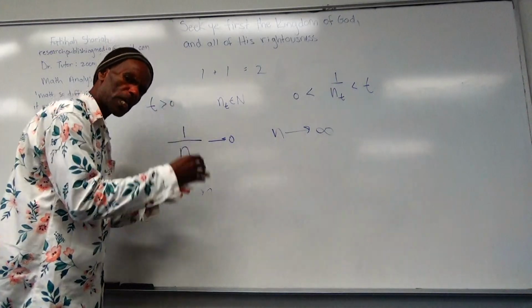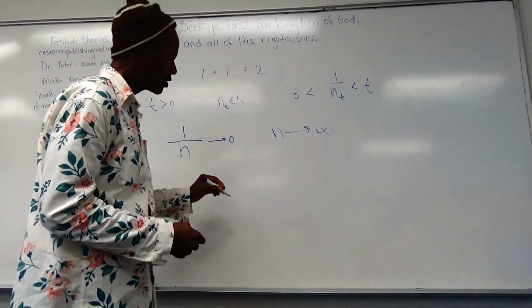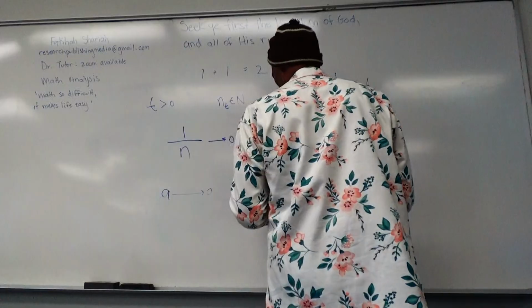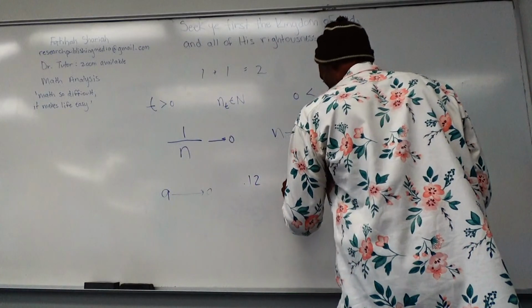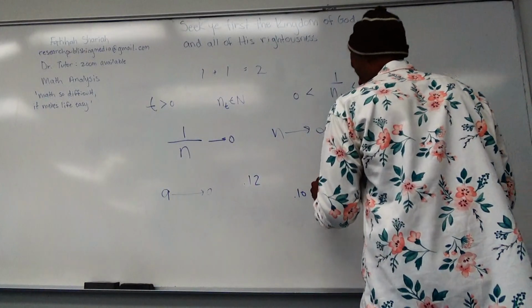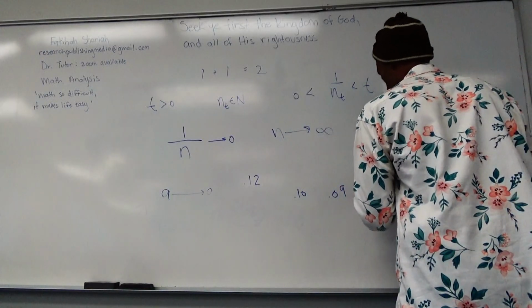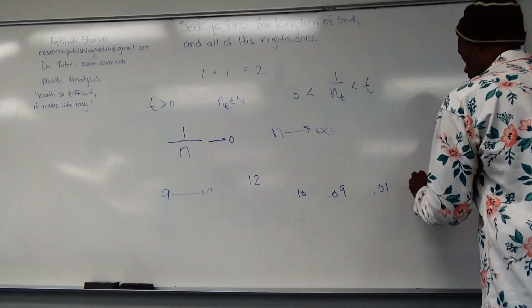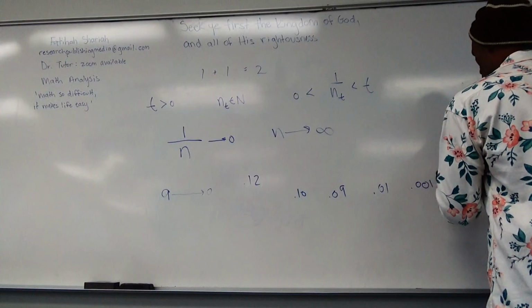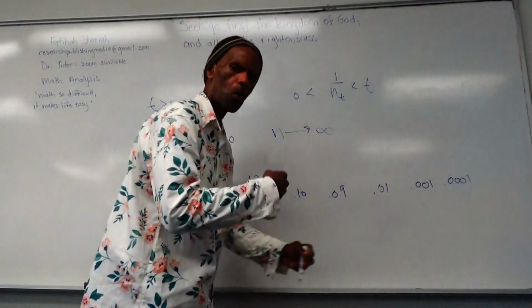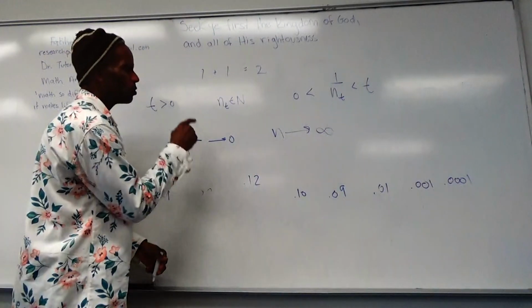It never equals 0, but it'll be something like 0.12, and then 0.10, and then 0.09, and then 0.01, then 0.001, 0.0001, and it'll keep going on and on, but it will never equal 0.